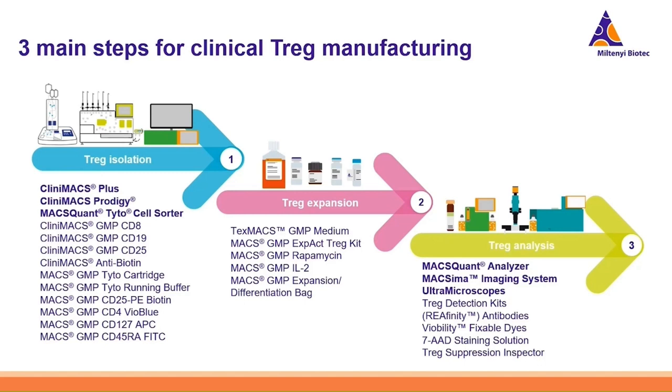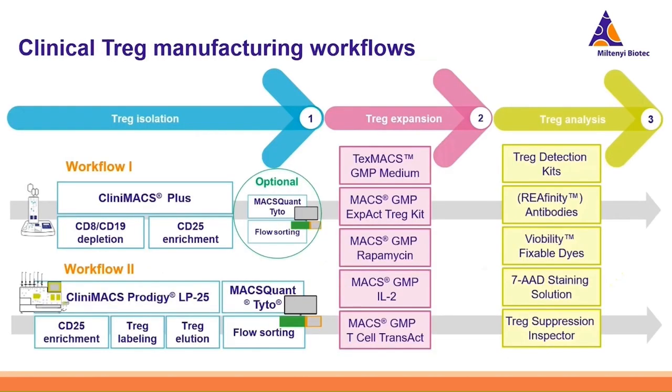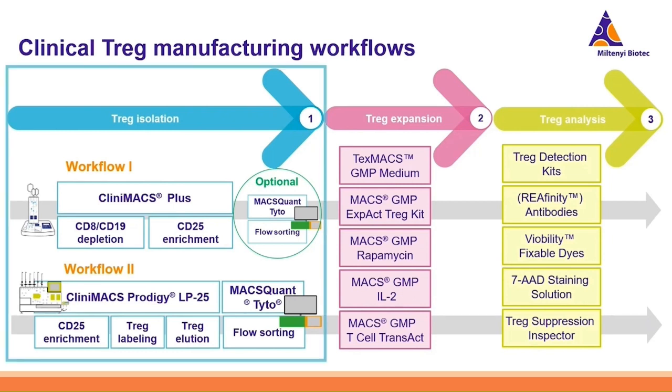And then after that, of course, one has to analyze the cellular product. For all of these different steps, Miltenyi Biotec is providing suitable products. This is showing the steps in a bit more detail that I will also explain. And we do have for the Treg isolation two workflows, workflow 1 and workflow 2. And in a minute, we will have a closer look at them.